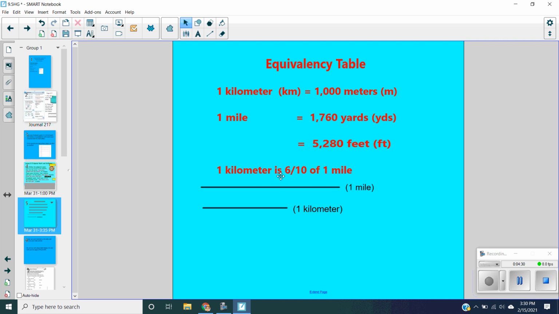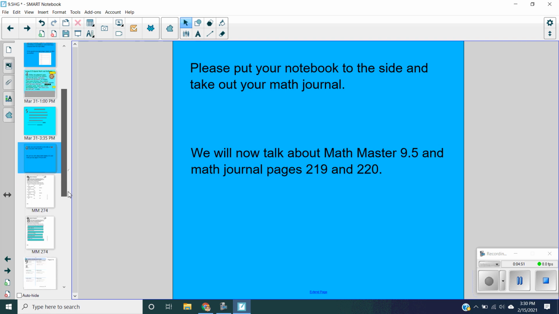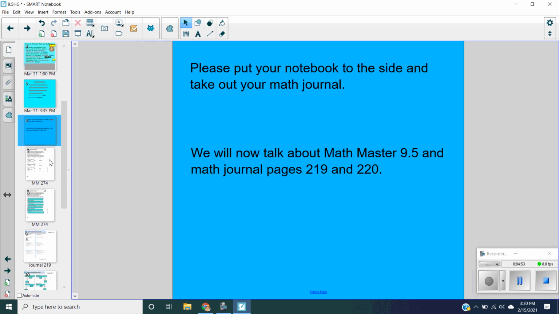So 1 kilometer is 6/10 of a mile. So if this is my line for a mile, this would be my line for the kilometer, a little bit more than half, 6/10 of a mile. So now let's use what we know, and we'll put our notebook or our whiteboard to the side, and we'll take a look at that MathMaster 9.5 page.